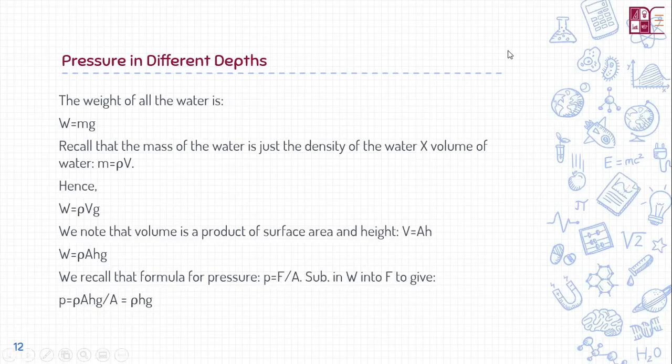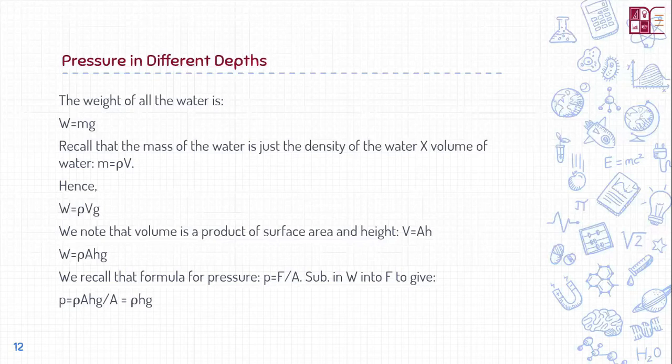Now, for a better understanding of the derivation of the hydrostatic pressure, which is P equals rho gh, let's say we consider a column of water occupying a total volume V and a base surface area of A. The weight of the water is W equals mg. We recall that the mass of the water is the density times the volume of water, m equals rho V, hence W equals rho Vg.